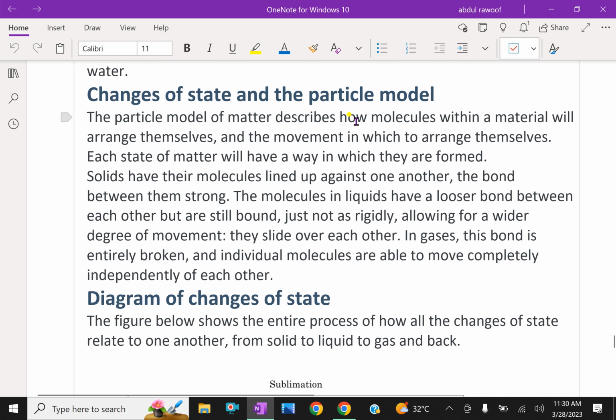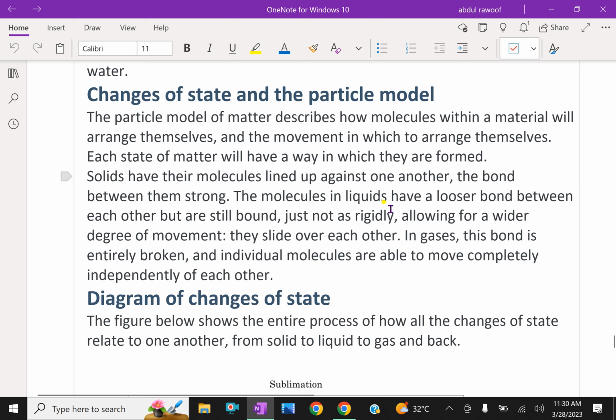Changes of states and the particle model. The particle model of matter describes how molecules within a material will arrange themselves and the movement in which they arrange themselves. Each state of matter has a way in which it is formed. Solids have their molecules lined up against one another, the bond between them strong.